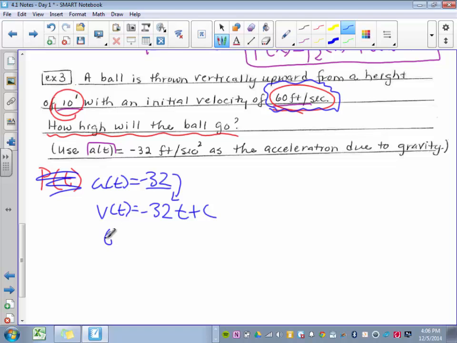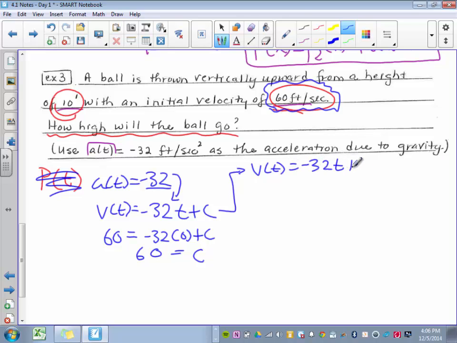So we know that 60 is equal to negative 32 times 0 plus c. Therefore, c is equal to 60. So we know that our velocity function, which is not the general one but the exact one for this situation, is equal to negative 32t plus 60.